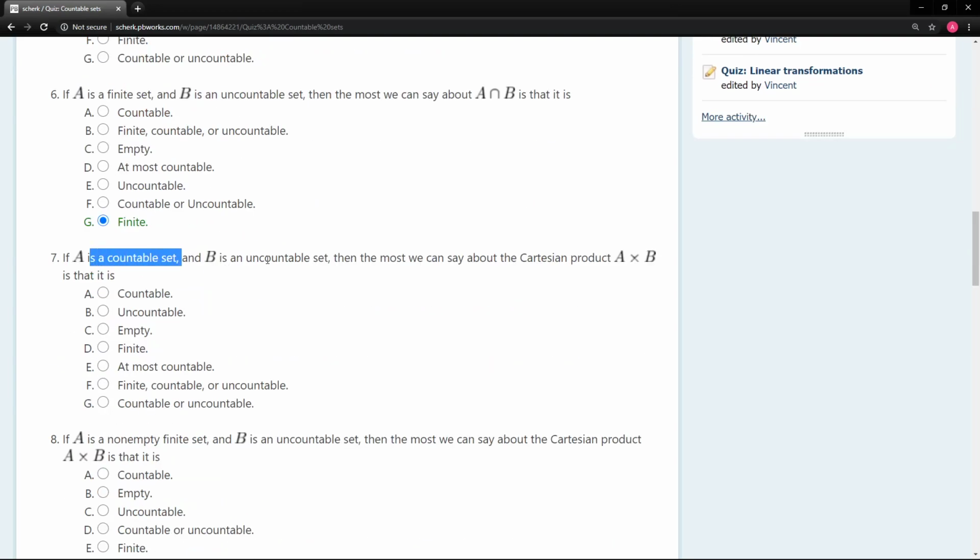A is countable, B is uncountable. What can we say about the Cartesian product? Interesting. Probably should have tried to solve these before recording. If A is countable and B is uncountable, what can we say about the cross product? I'm going to say uncountable. Okay, good. Makes sense, right?